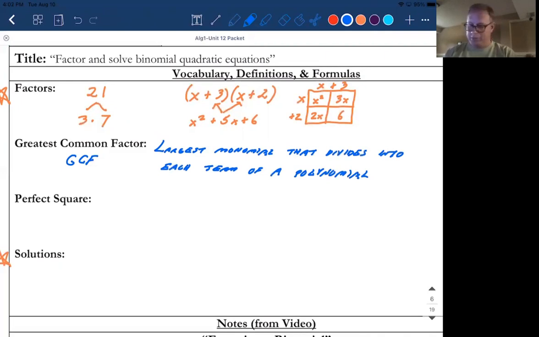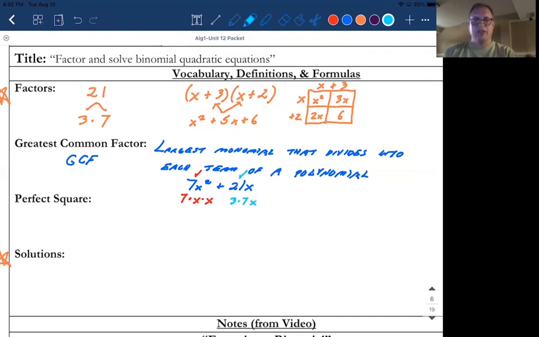And I'll give you a quick example. Let's say that we have something like, I'll just pick this, 7x squared plus 21x. All right, well, if we look at 7x squared, it is made by a 7, an x, and an x. 7 times x times x gives us 7x squared. 21x, if we break 21 down, there's our 3 and our 7 and an x.